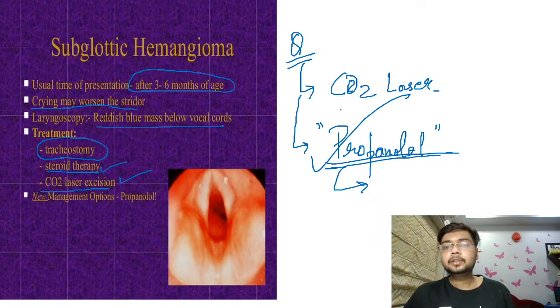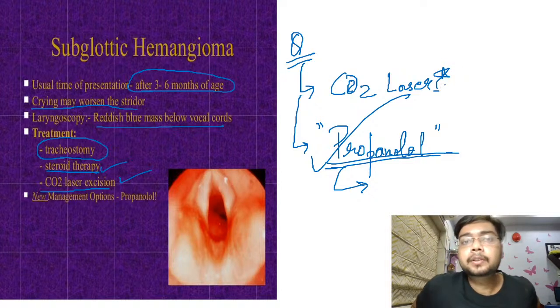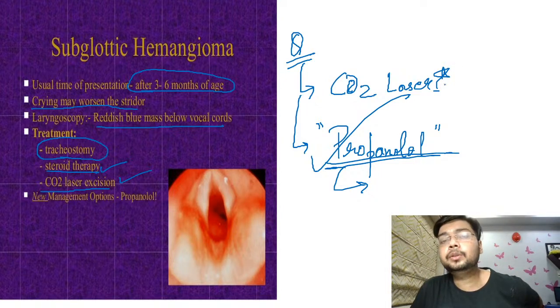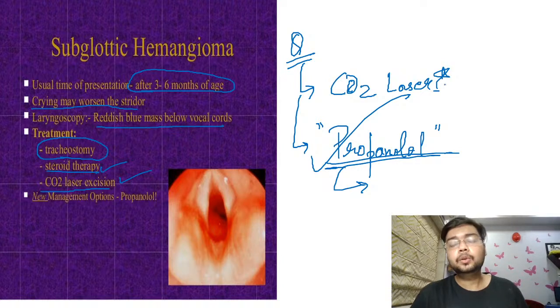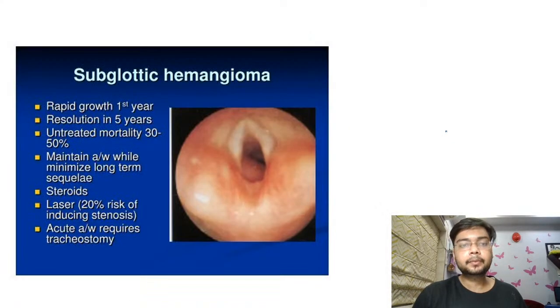answer. Okay, so this propranolol, we first try to reduce the size and treat it with this, and then definitely the CO2 laser we can use, because the laser will cause the whole of the excision, but this propranolol is helping to reduce the size, and many a times with the use of propranolol things disappear, right?